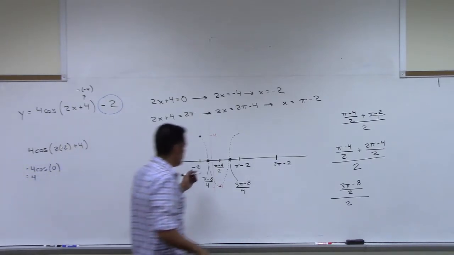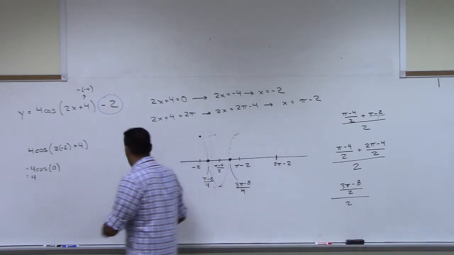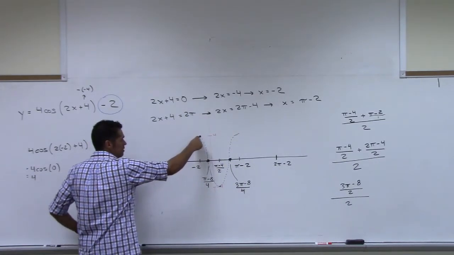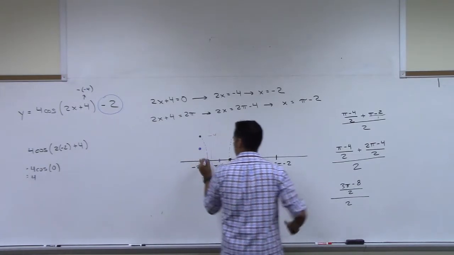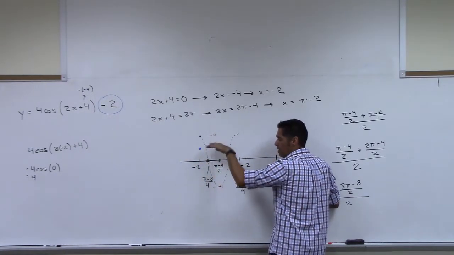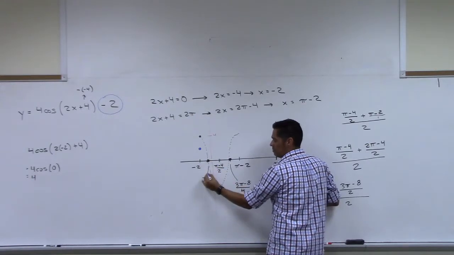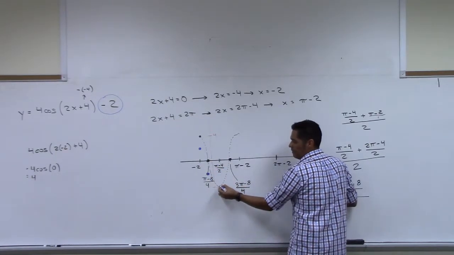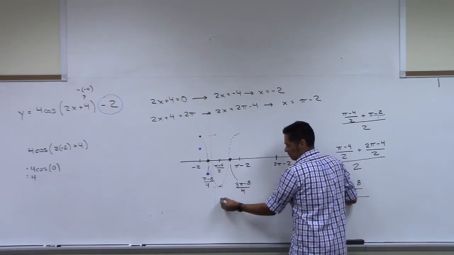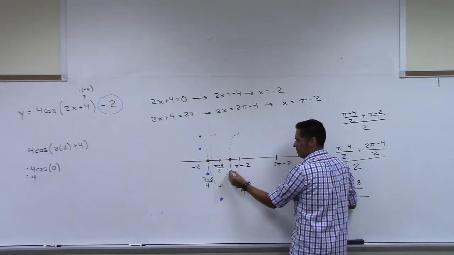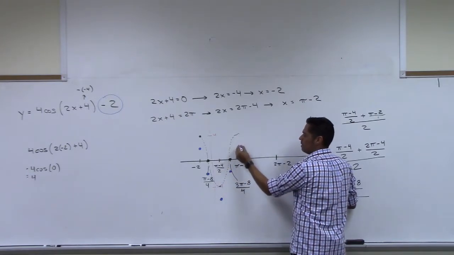So this point, I'll do it in blue. Instead of being at 4, it's at what? Straight down 2. Instead of this one being at y value 0, it's down here at negative 2. Instead of being at negative 4 here, I'm at negative 6. And then here to here, and this one to here.